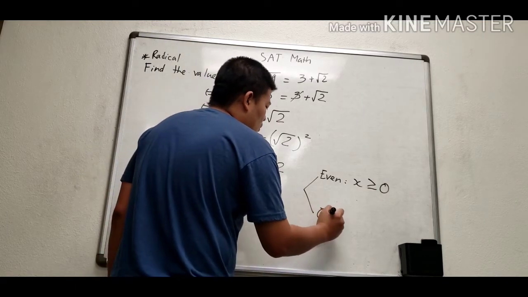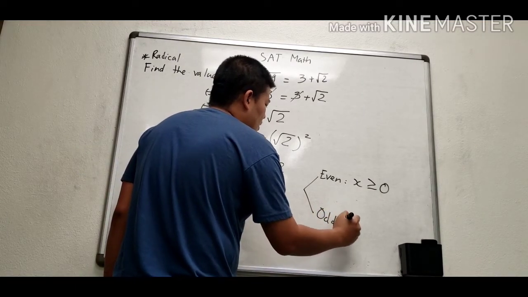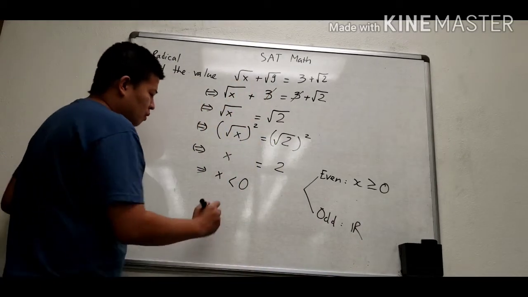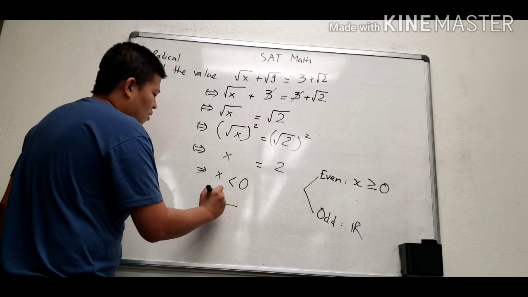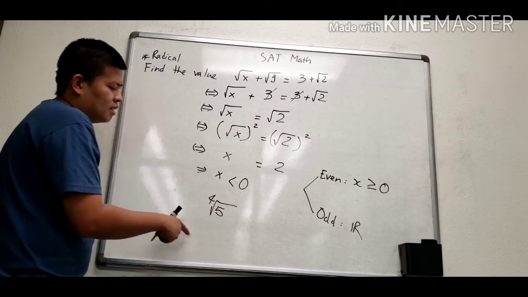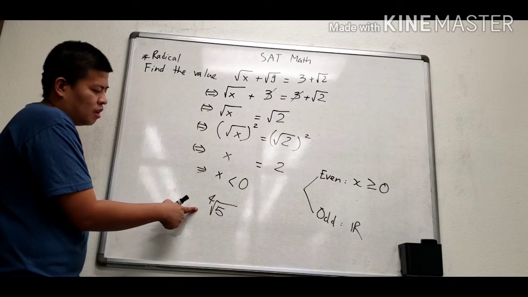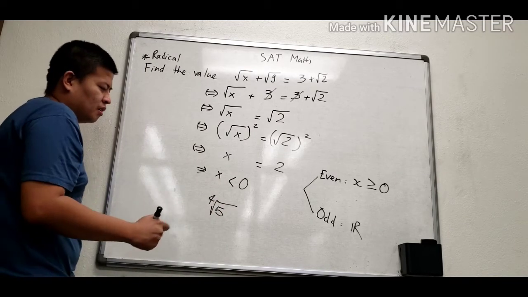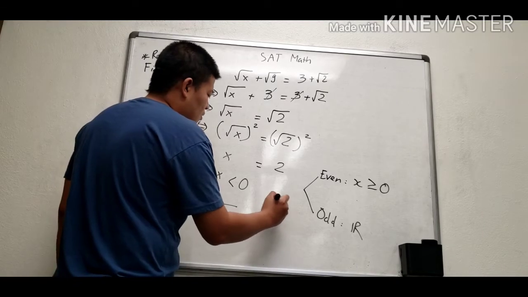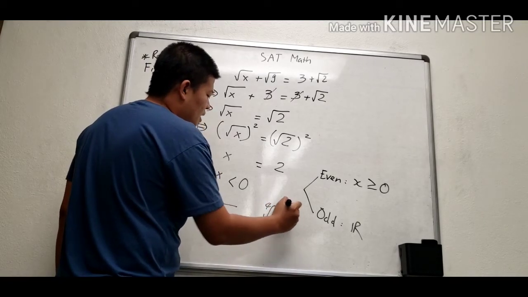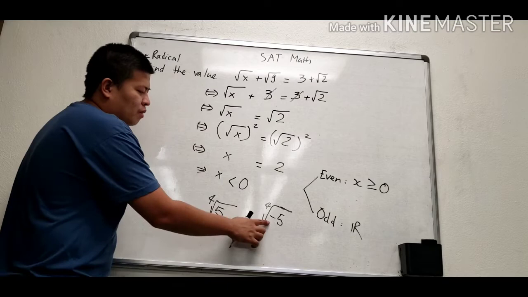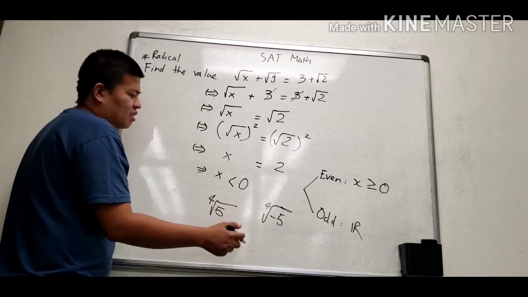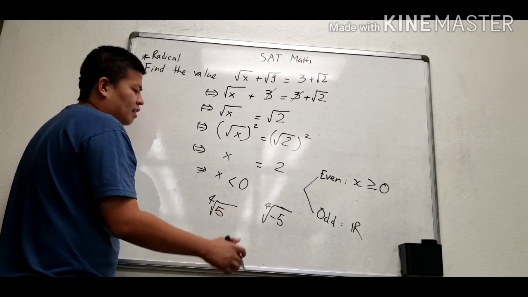If the root is an odd number, it can be any real number. For example, the fifth root, the even root of 4 with 5, they should be a positive number. They cannot allow a negative number in here, because if they put a negative number, it will become a complex number. I will come back to this at the end.